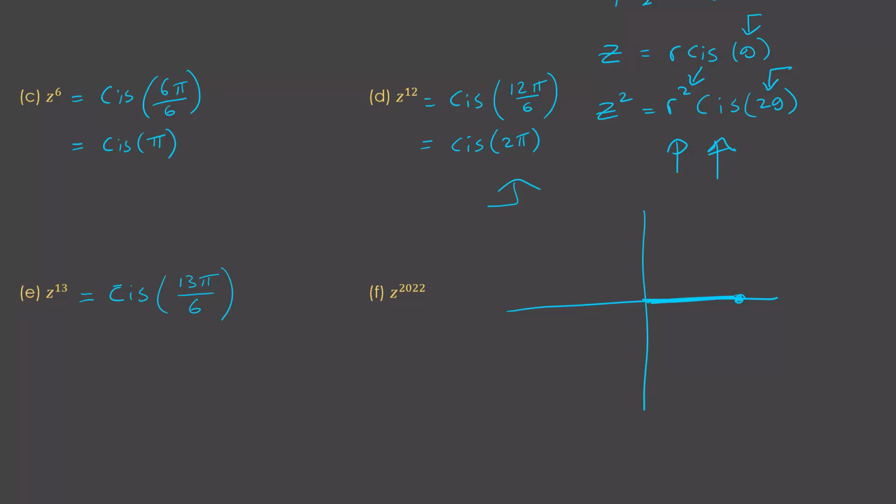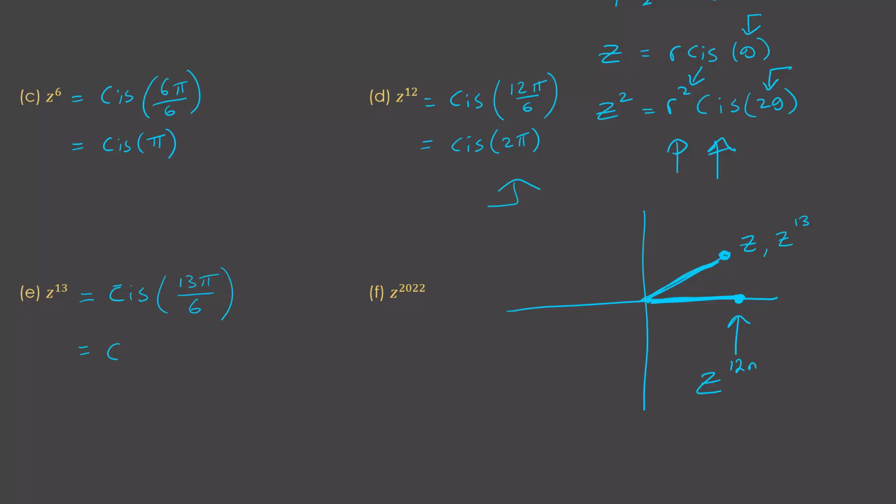Then we're going to go another pi by 6. So that's going to bring us to here. And that's the start point. This was just z, but it's also going to be z to the power 13. And note that z to any multiple of 12 would be here. It would be 1.